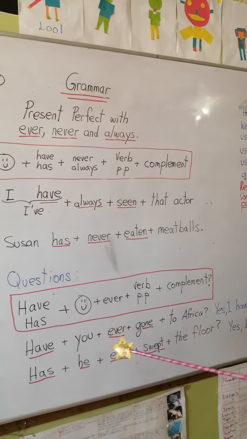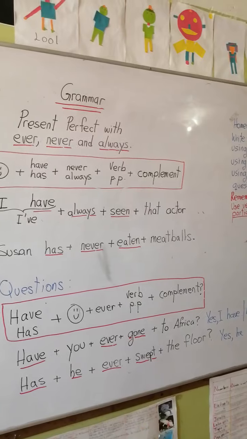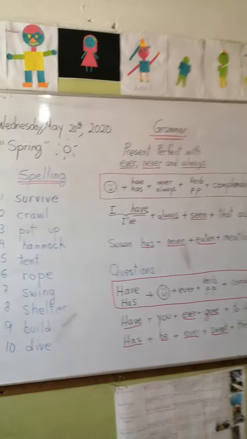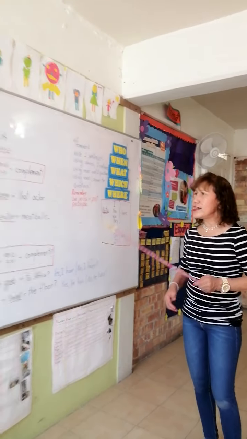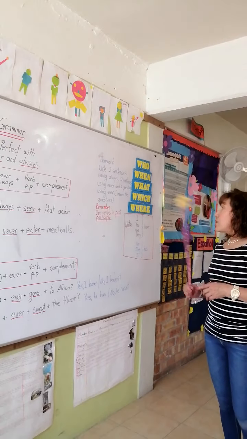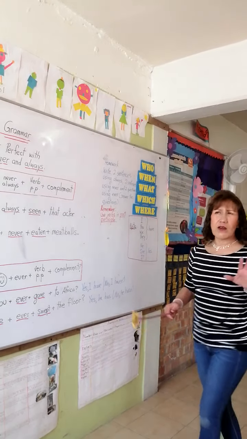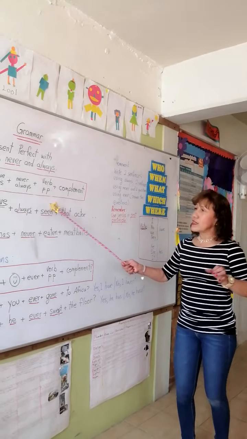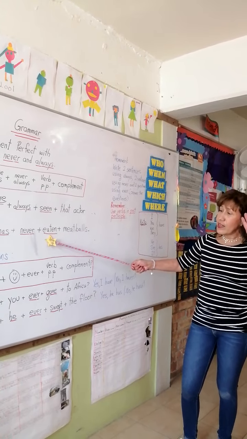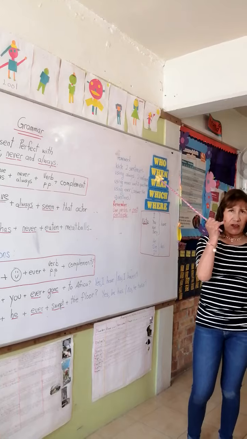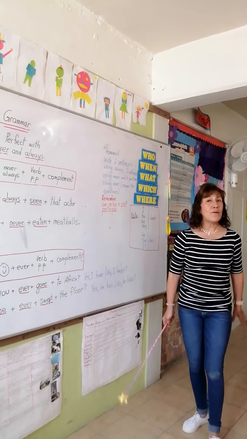And for questions, I think that you already know how to do the questions, but anyway, this is the explanation. Do it, study, do the sentences. In total, you are going to do 2 sentences in affirmative, 2 sentences in negative, and 2 questions. In total, there are six sentences, okay?